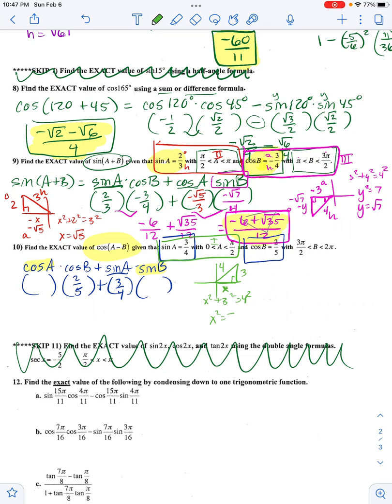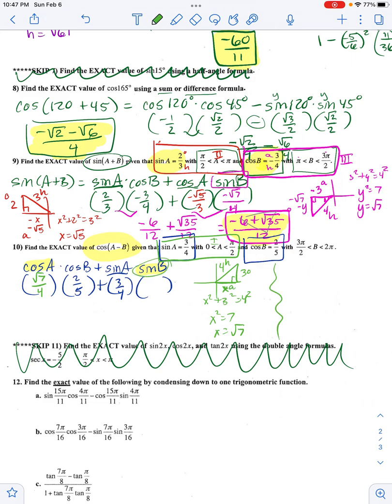So I'm going to end up with root 7 again. But in this problem, it is going to be positive. So my cosine, since this is opposite, adjacent, hypotenuse, my cosine is going to be root 7 over my hypotenuse, which is 4.